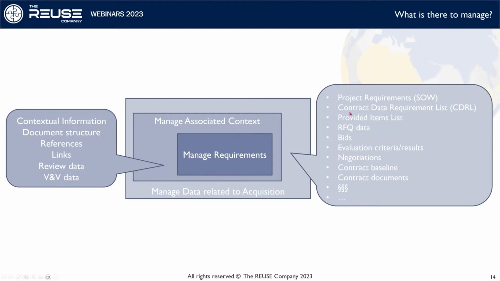You may want to keep track of deliverables of documentation or deliverables of provided items, linked to your requirements. You will receive data in bids, which you need to evaluate according to criteria that you have defined in advance. Negotiations will be done in parallel. I'll get back to many of these things in detail later on.